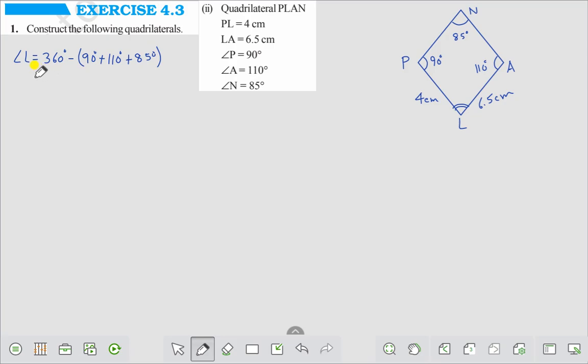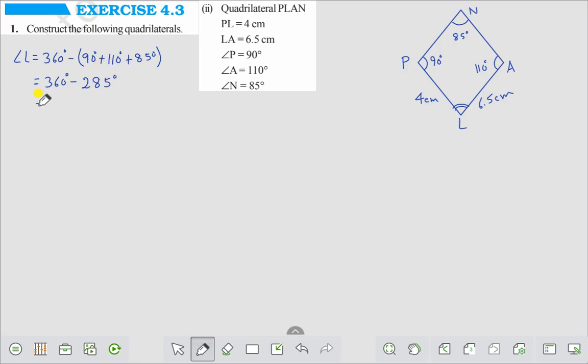Right? Therefore, we are getting 360 degree minus 110 plus 90, 200, that is 285 degree.